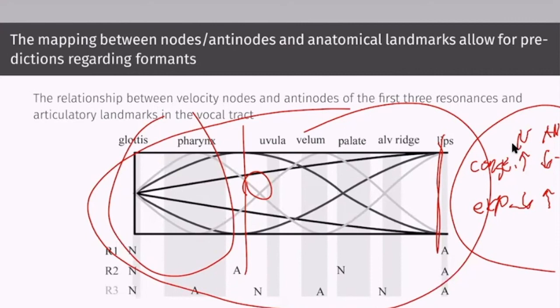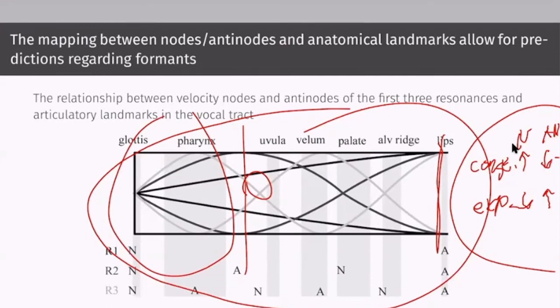So what if I'm a harmonic and I'm near a resonance for F3? So that's the light green thing here.